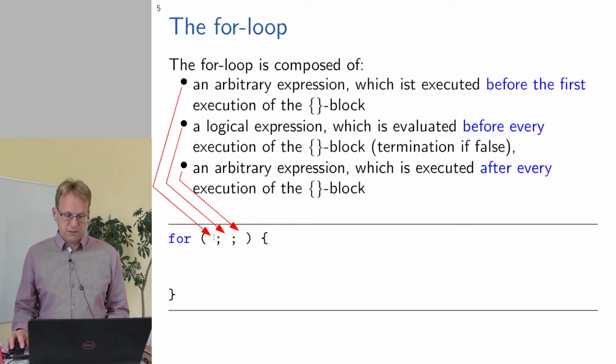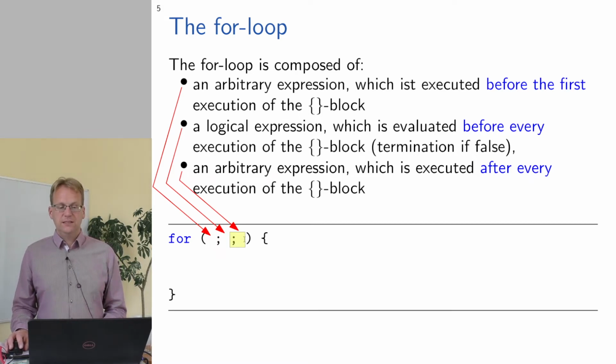However, in principle, here you could place any code that should be executed before the first iteration. Here you should place any logical expression which needs to be evaluated before every iteration. And in particular, of course, the iteration will be performed only if this logical expression holds true.